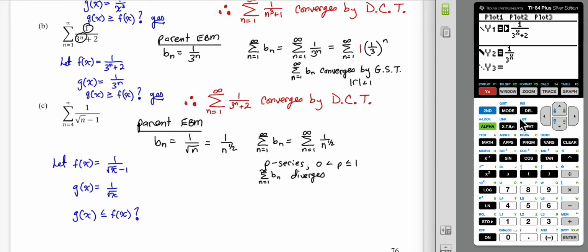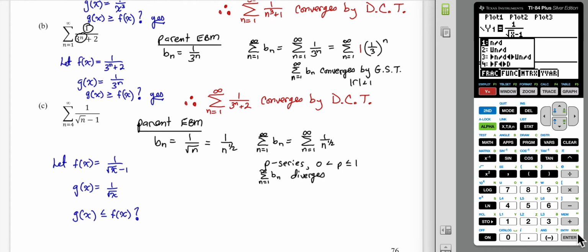All right, so 1 over the square root of x minus the square root of x minus 1. I think I typed it in correctly. And then 1 over the square root of x.